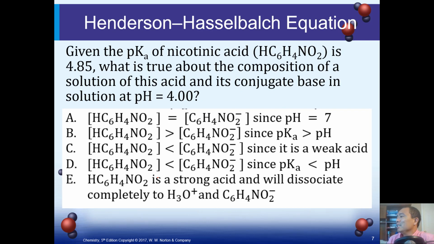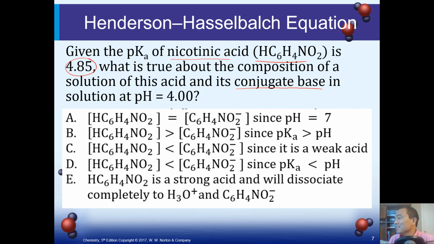So given the pKa for nicotinic acid, you don't need to know the specific formula, but it tells you the pKa for a certain acid is 4.85. What is true about the composition of a solution of this acid and its conjugate base? Remember, if you have an acid existing in water, it's going to ionize in a certain way, depending on the pH of the solution.